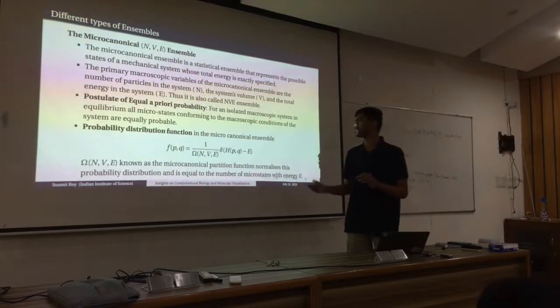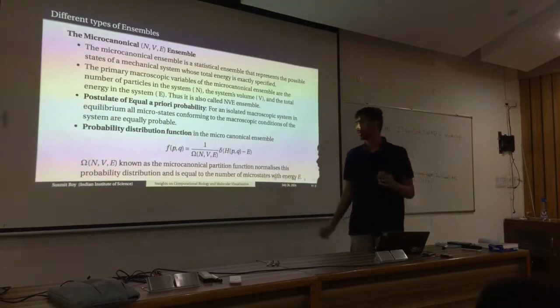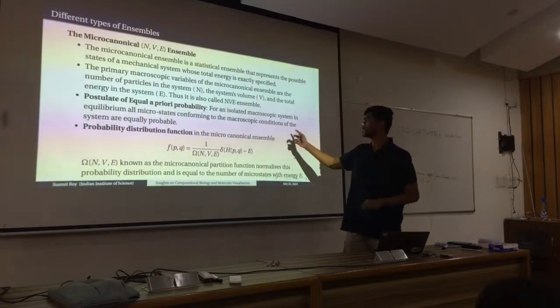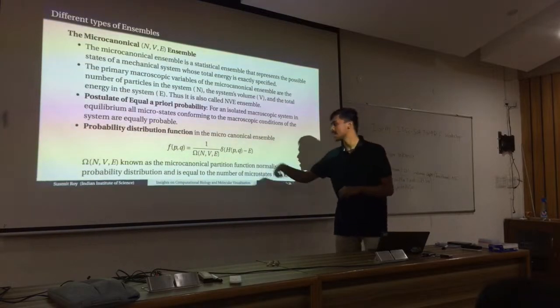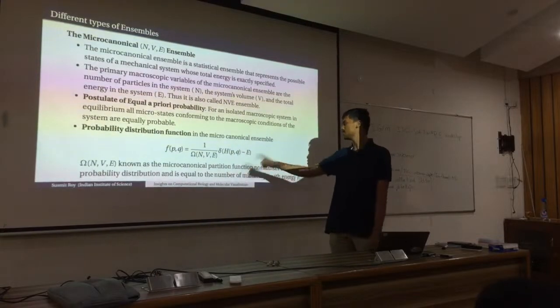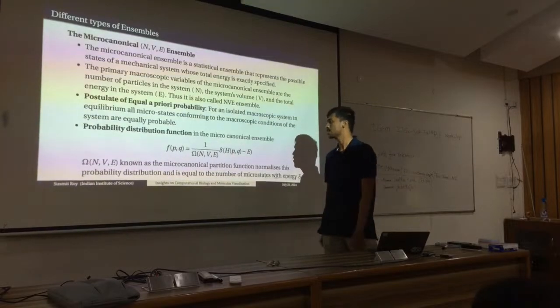This is intuitive because your system is ergodic, but there's no proof of this. So if you assume this fact, you can assign a probability distribution to each of these microstates, which I have shown here. So when your Hamiltonian is equal to E, all of them have equal probability.